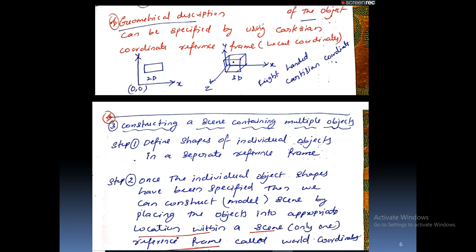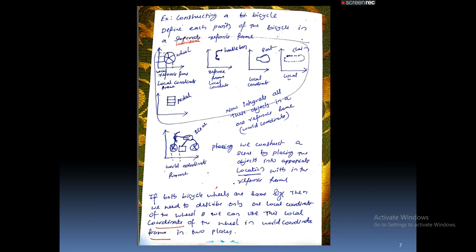After representing those objects in separate Cartesian reference frames, next we need to combine all those Cartesian reference frame contents into one Cartesian reference frame, and representing or merging those objects into one single image is called world coordinates. And we have only one Cartesian reference frame here. So let us see the example.